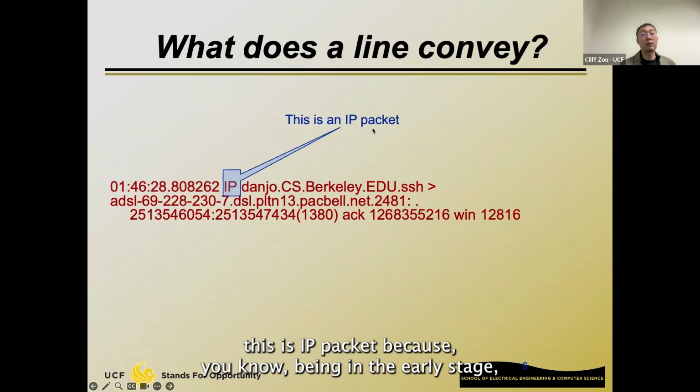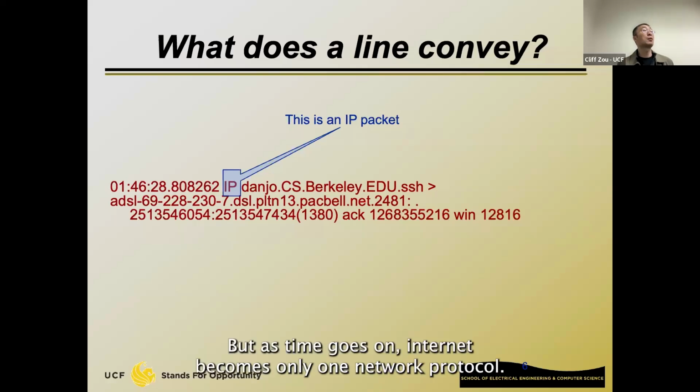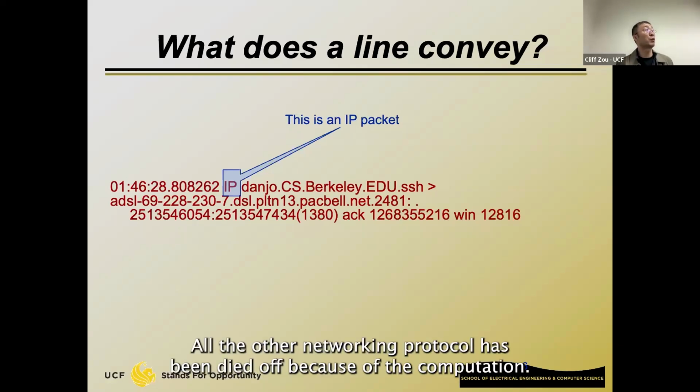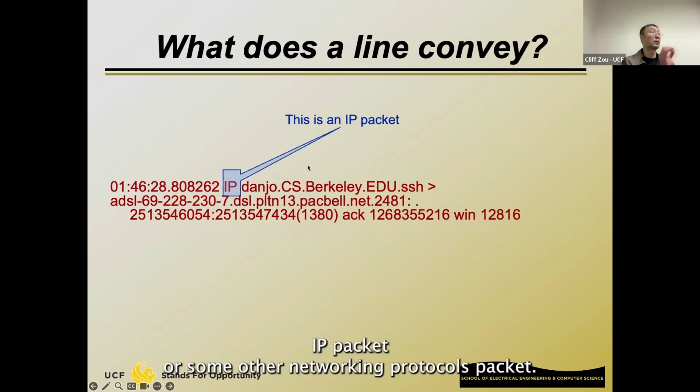This is an IP packet, because in the early stage, the internet was just one of the network protocols. But as time went on, the internet became the only network protocol. All the other networking protocols died off because of the competition. So in TCP dump, there is a field to show whether this is an IP packet or a packet of some other networking protocol.